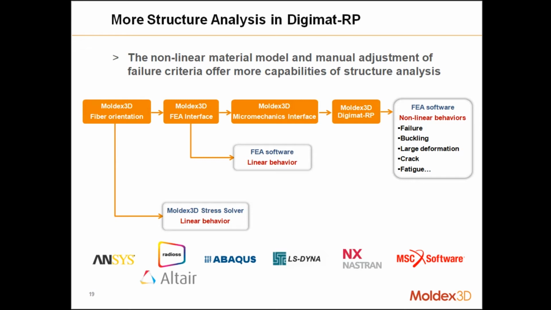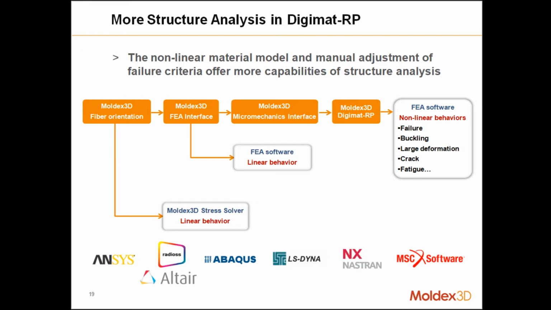So like what I said, if the user is very entry level, the Moldex3D stress solver is definitely a good choice for you. But if you already have some similar experience with in-house software like ANSYS or Abaqus, even LS-DYNA, you can consider outputting the result, the fiber orientation, from the FEA interface to your company's FEA software for further investigation.